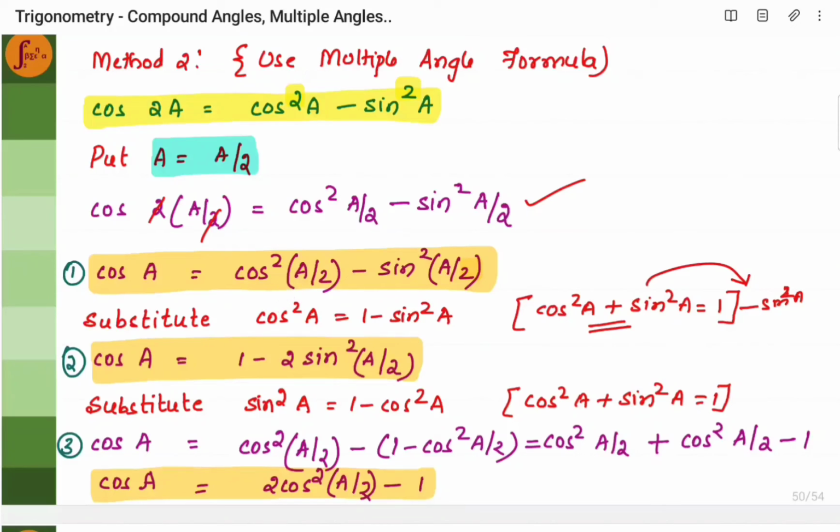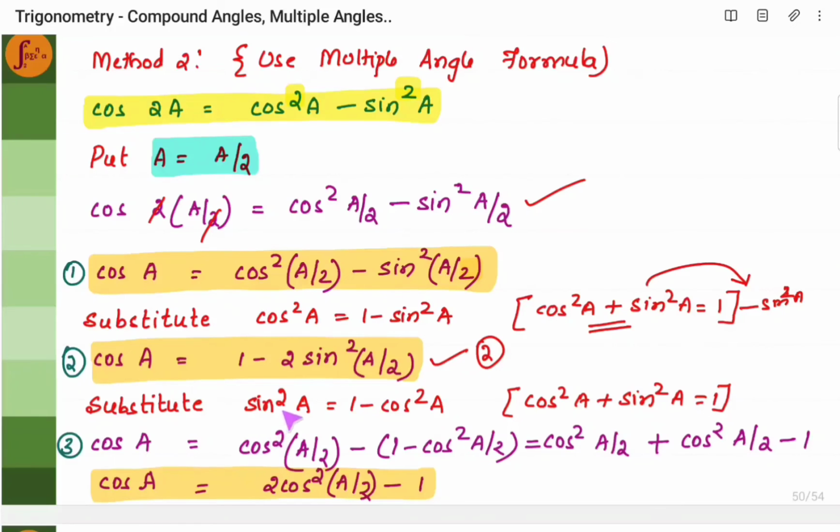Instead of putting cos square A by 2, I'll put 1 minus sine square A by 2. If I simplify, I'll get 1 minus 2 sine square A by 2. So this is the second formula.